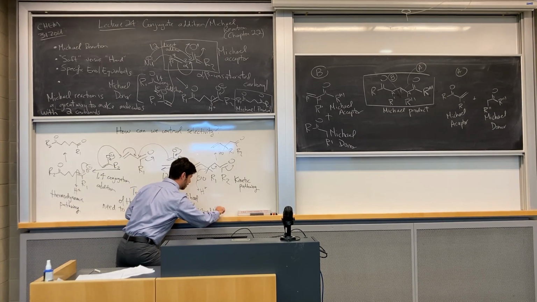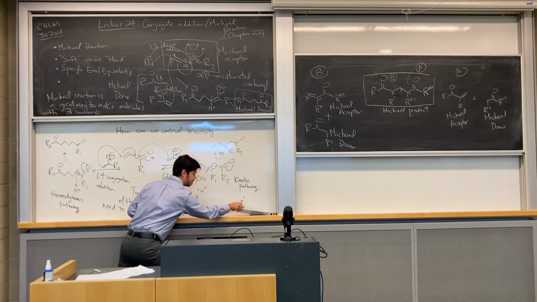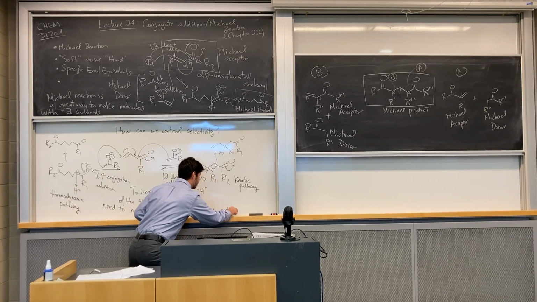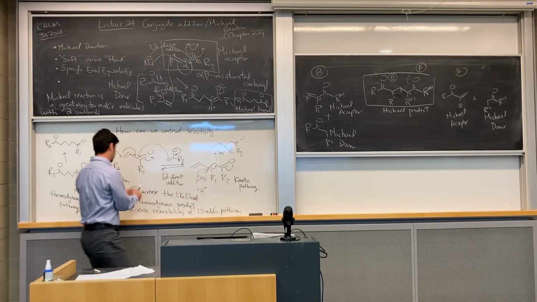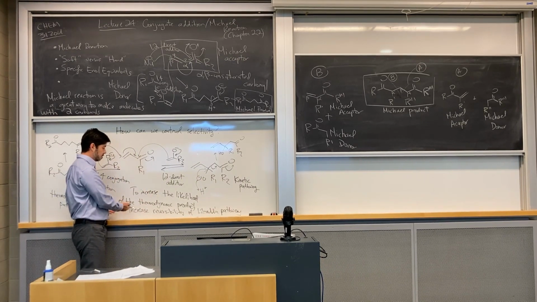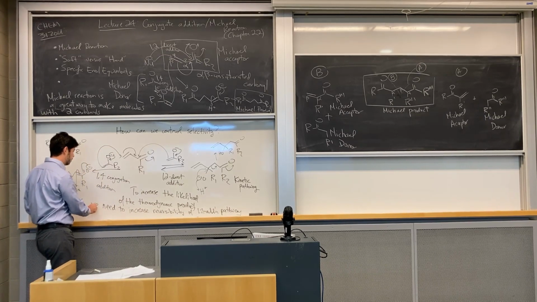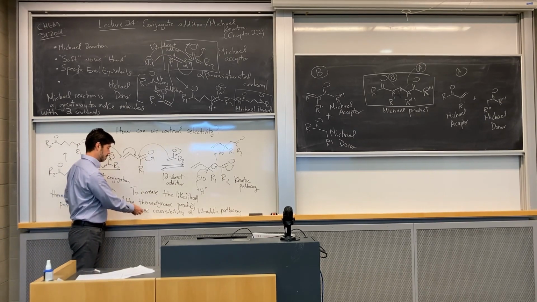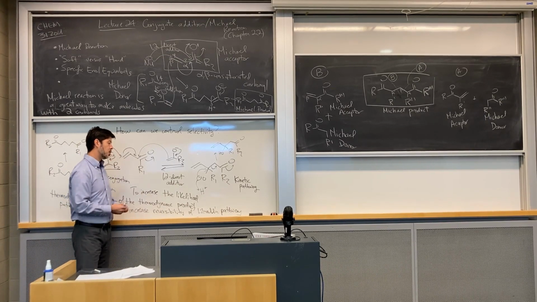So right down at the bottom of this board here. Hope you can see it. I'll read it to you. To increase the likelihood of the thermodynamic product, we need to increase the reversibility of 1,2 addition pathway.